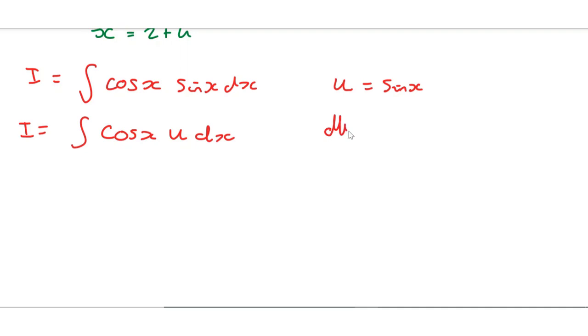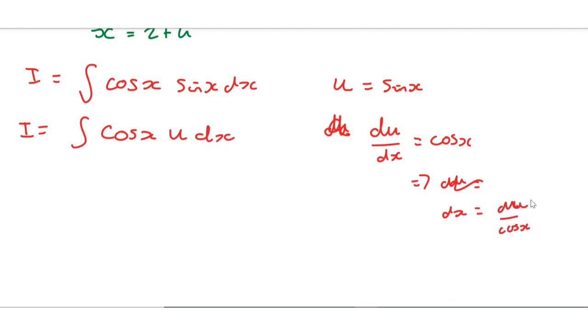So we do, that's terrible handwriting, du by dx. The derivative of sine x with respect to x is cos x, and that implies dx is equal to du over cos x.